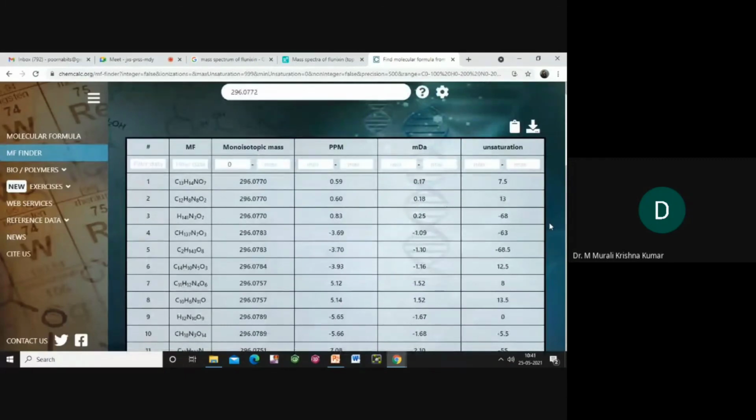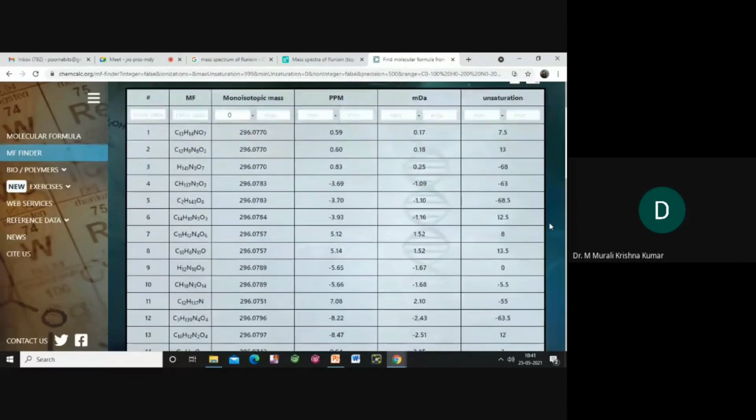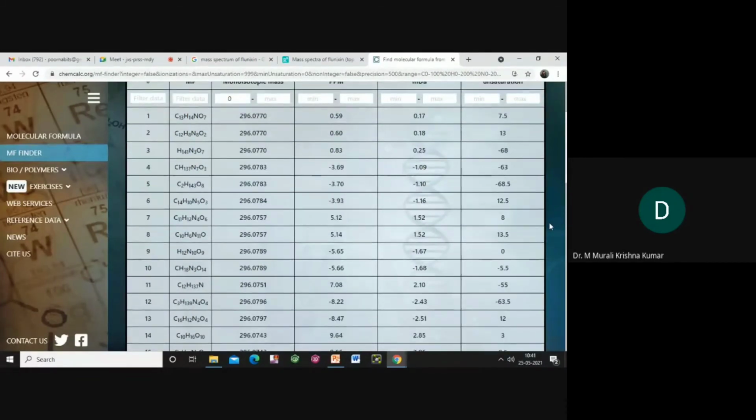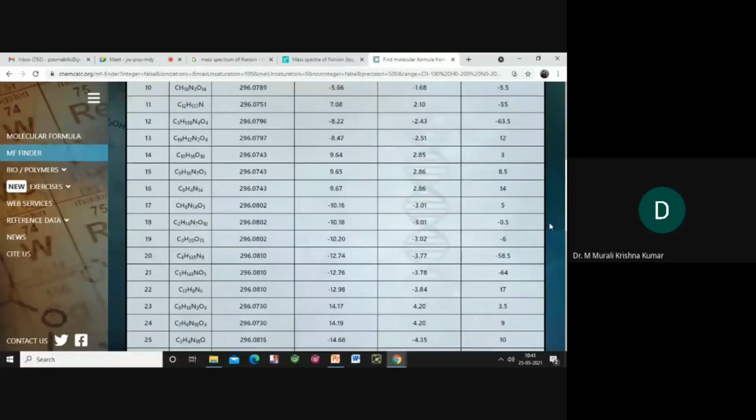I'm not using other tools available here. You can also tell the server that you need molecular formulas with fluorines, with chlorines, or with specified elements. Here the software is only taking into consideration carbon, hydrogen, nitrogen and oxygen. We are not putting any limitations on elemental composition, so that's why it is providing you all the data.